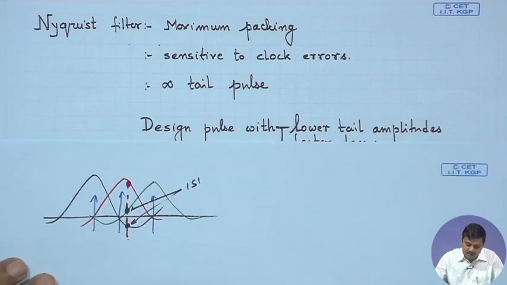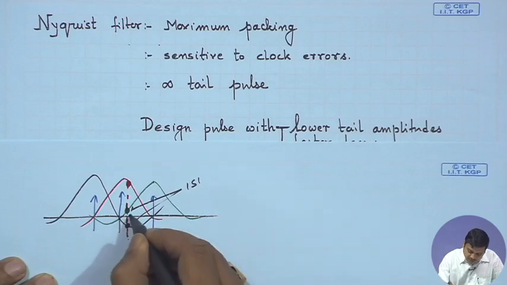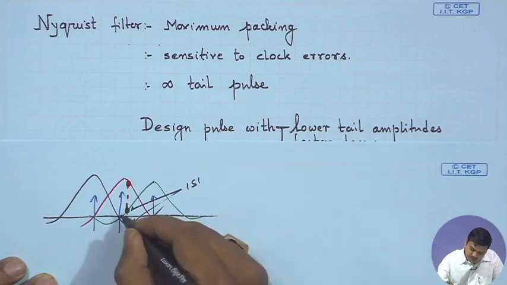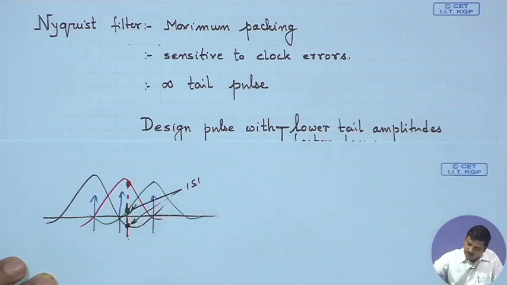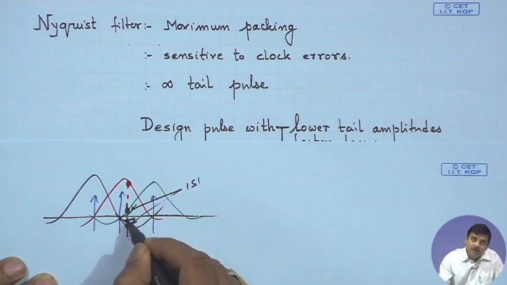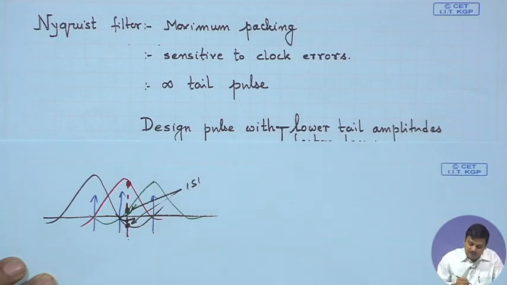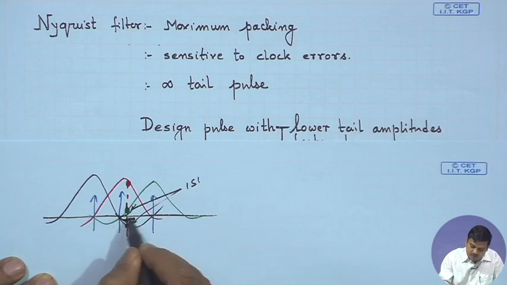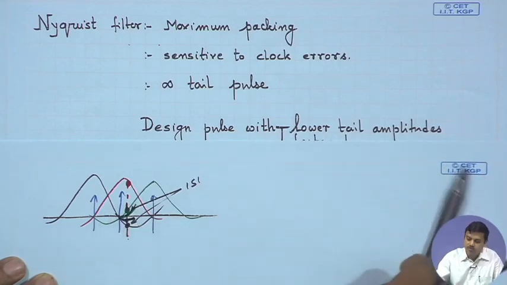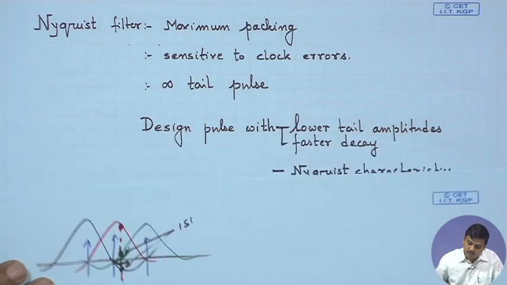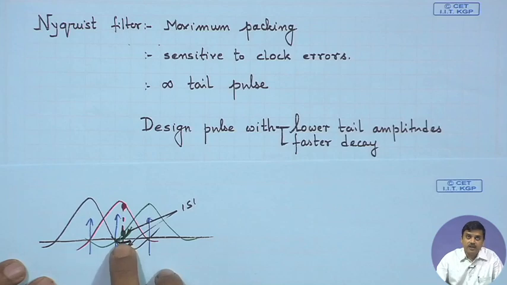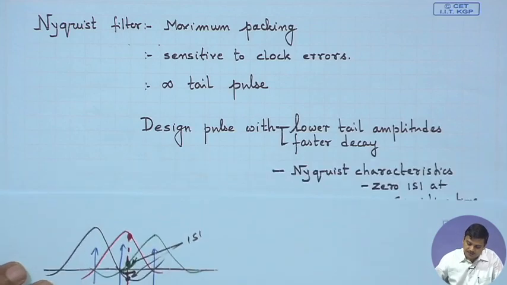If the tail amplitudes are lower, that means if it rises slowly, that means if the rise and fall would have been like this, then the amount of interference would have been less. We could have produced a lesser amount of interference if the thicker lines would be produced. So, we are looking for pulses with faster decay. There the decay is not so fast.